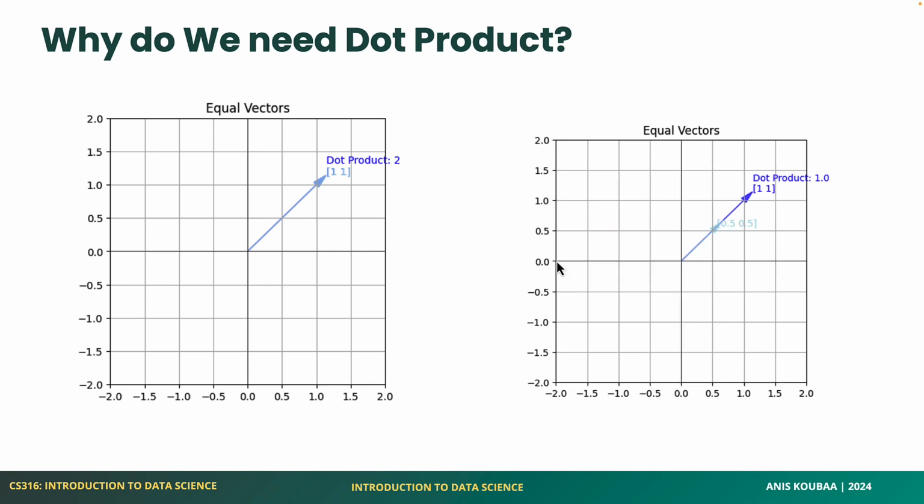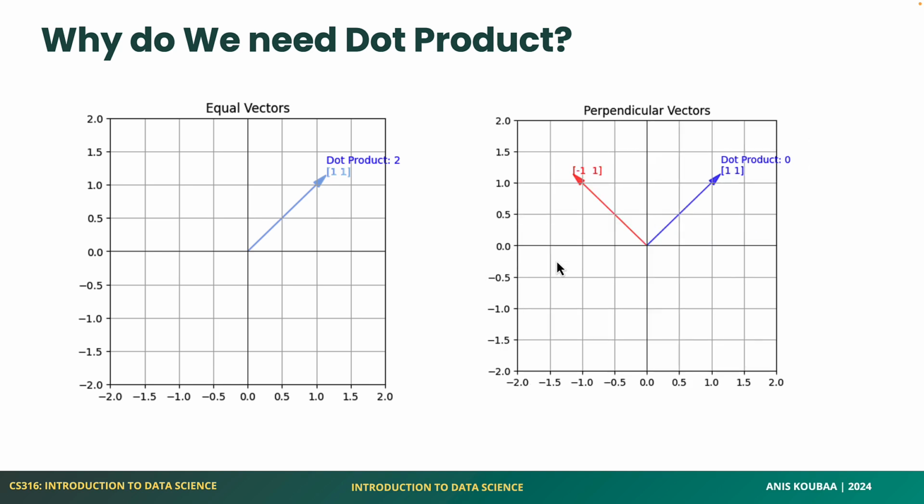So what really counts for the similarity is the orientation and the magnitude of the vector. If they are completely equal, they will have the same magnitude and the same orientation. So the problem here was the orientation is different. The angle is 90 degrees. And you know that the cosine of 90 degrees is 0.